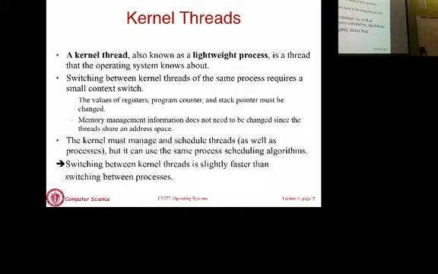You don't have to save the other memory management information because that's common for the threads. Only the registers have to be saved and the new set of registers loaded. So you can context switch between threads just as you could context switch between processes. The same CPU scheduling techniques we were looking at last time would apply to scheduling kernel threads as well. So you have to save the values of the registers, program counter, stack pointers, etc.